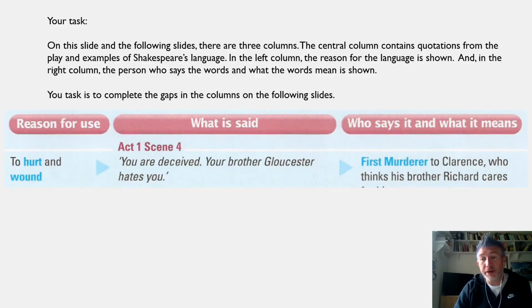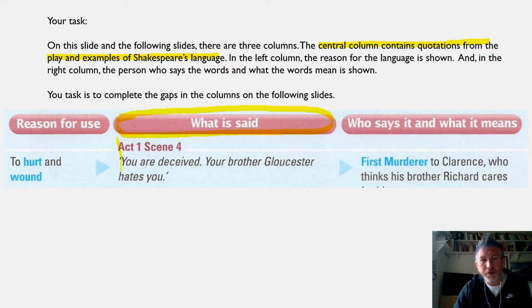So your task today, Year 9, is explained below. On this slide and the following slides, there are three columns. The central column contains quotations from the play and examples of Shakespeare's language, and that's this one here in the orangey yellow.